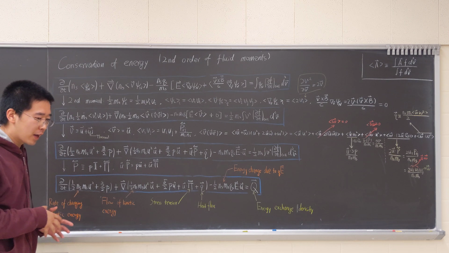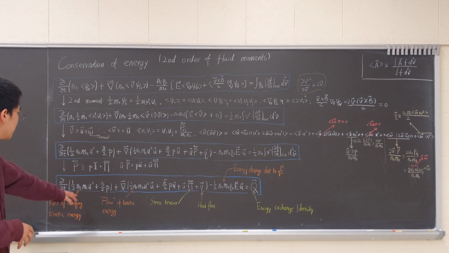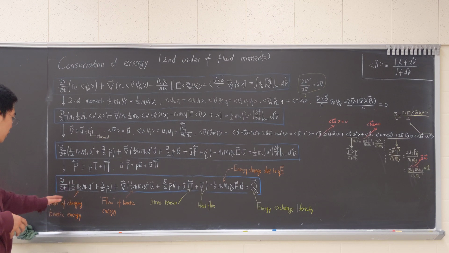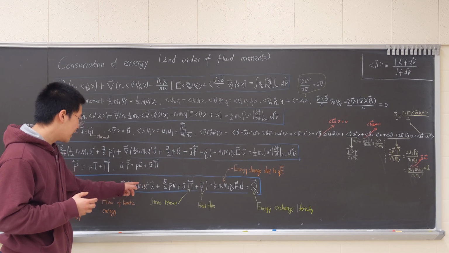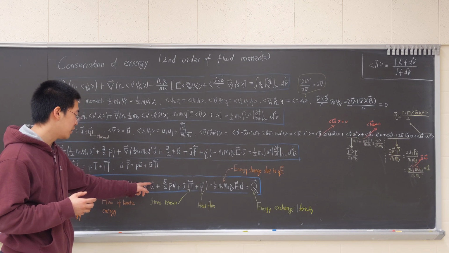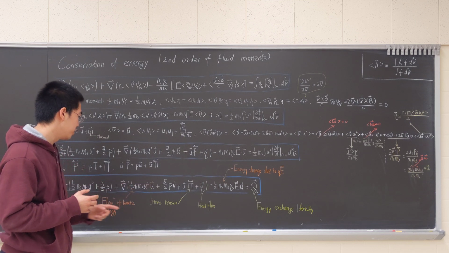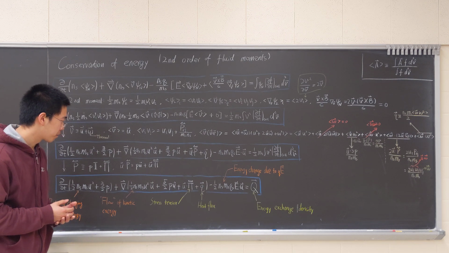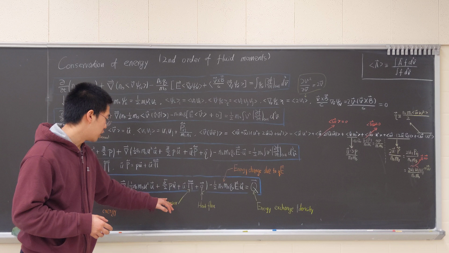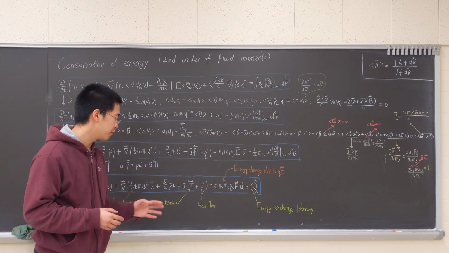So far my understanding of each term is, this term obviously is a kinetic energy. If we do the dt, then it becomes the rate of change of kinetic energy. And this is the kinetic energy multiplied by U, which you can think of as a flow of kinetic energy. And this is a stress tensor, and this is a heat flux.